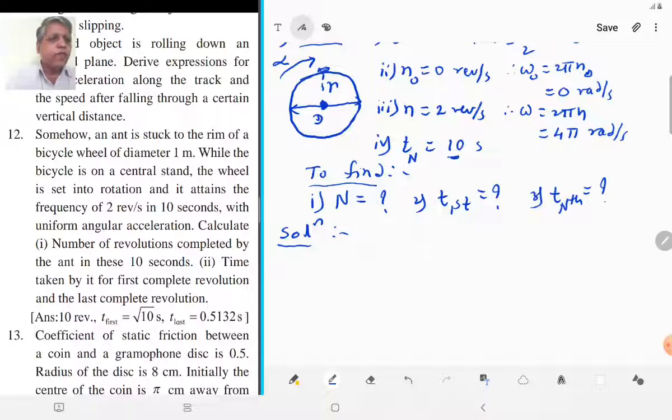That second kinematic equation is angular displacement theta is equal to initial angular velocity into time plus half angular acceleration alpha into t square. This is considered first equation.